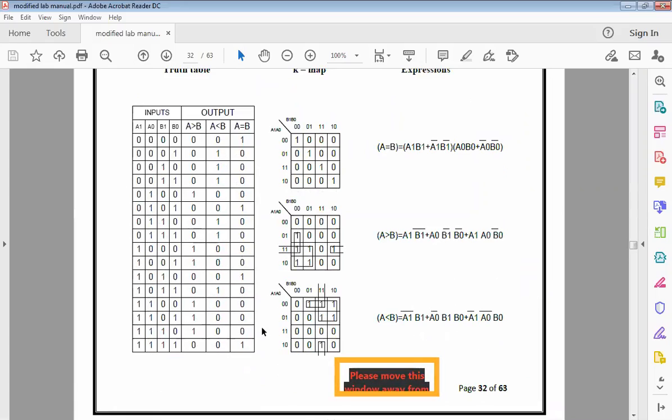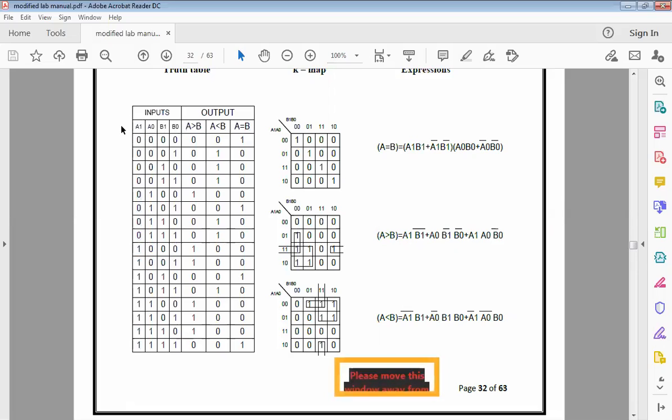So just make sure that you are aware of all these numberings. Now let us increase the number of bits, and we'll try and understand how this can be done. Similarly here, instead of 1 bit, I will have 2 bits, which are A1, A0, and B1, B0.